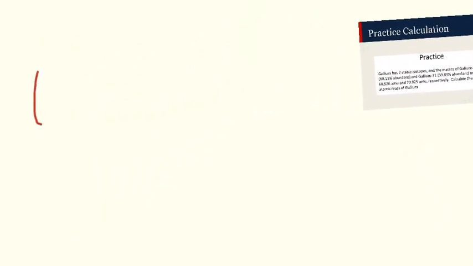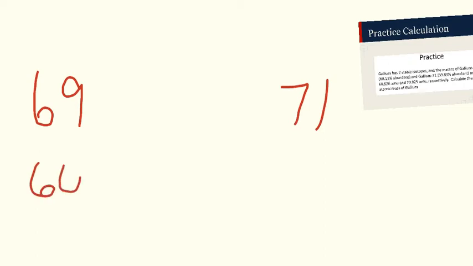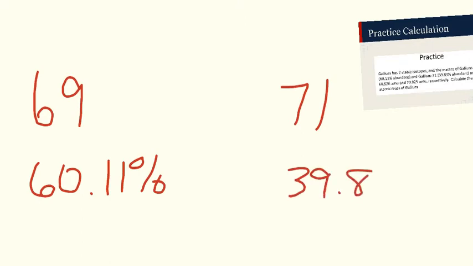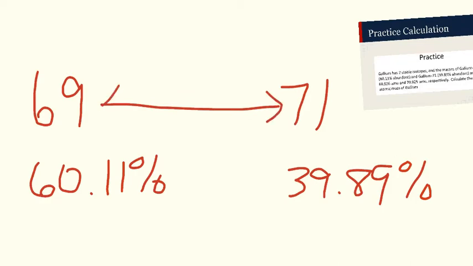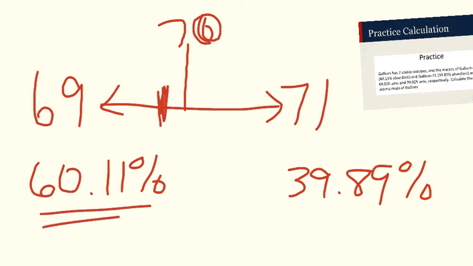We have gallium-69 and gallium-71. Gallium-69 was the more abundant isotope. Gallium-71 was less abundant. The average should fall somewhere between these two, but if this is 70 right in the middle, the average should fall closer to the 69 because it's the more abundant isotope.